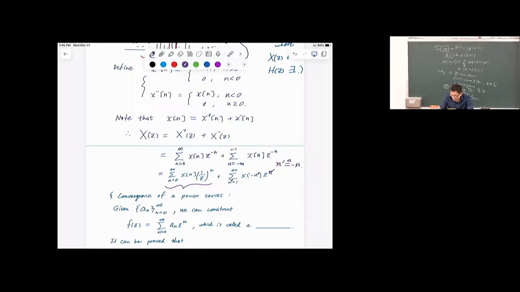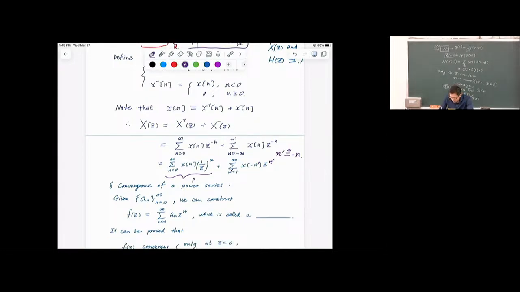This thing is a power series of Z inverse, okay? And this other half, the negative time, corresponds to a power series of Z.